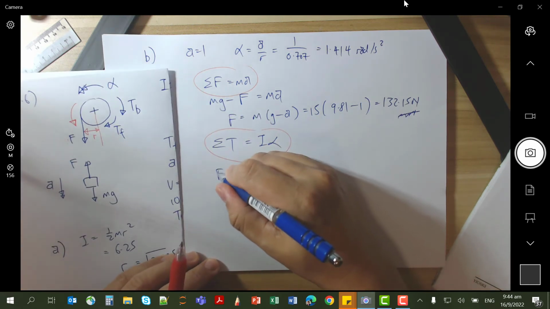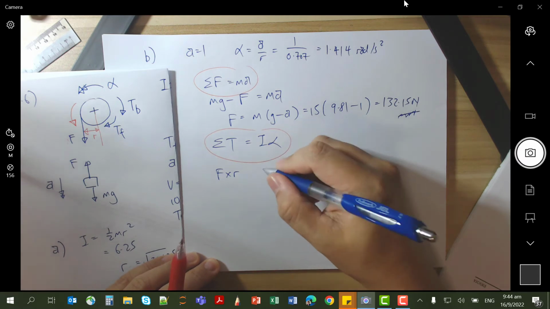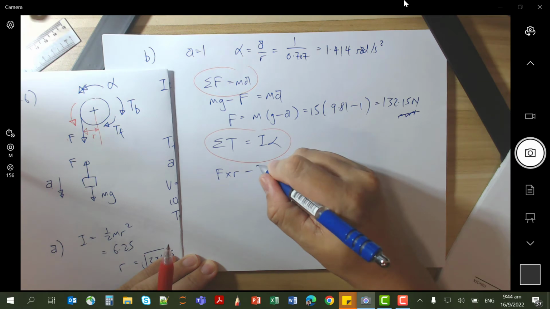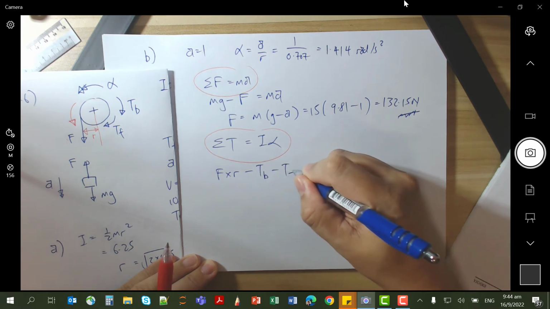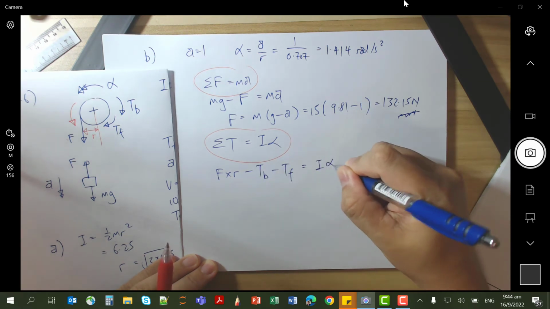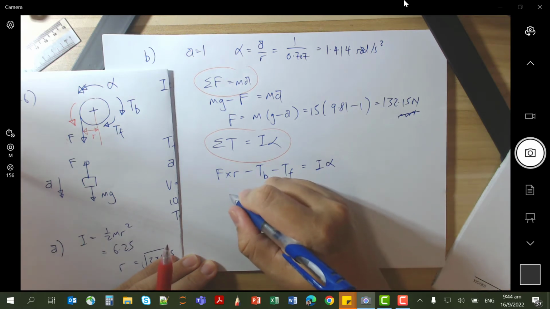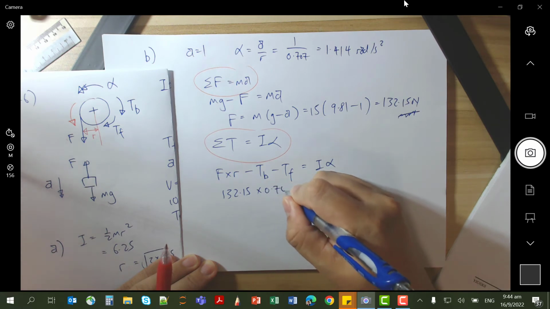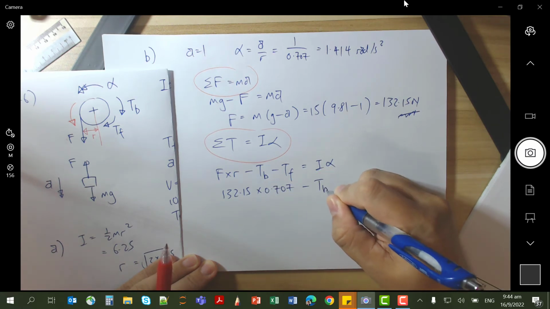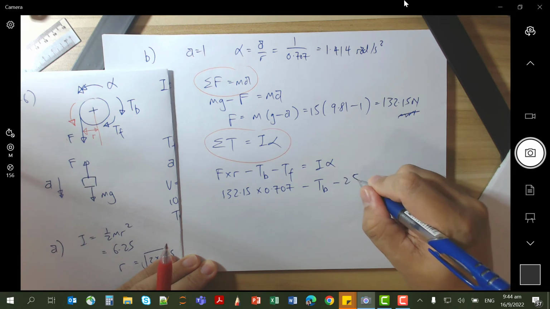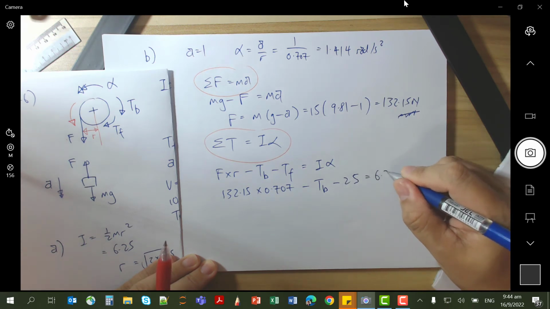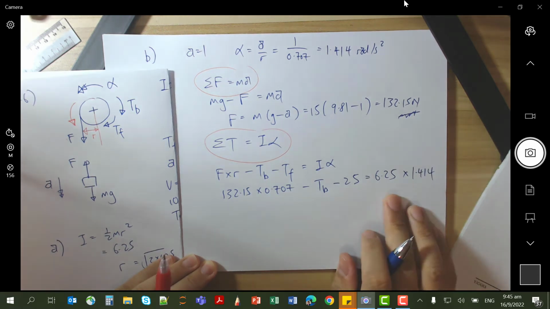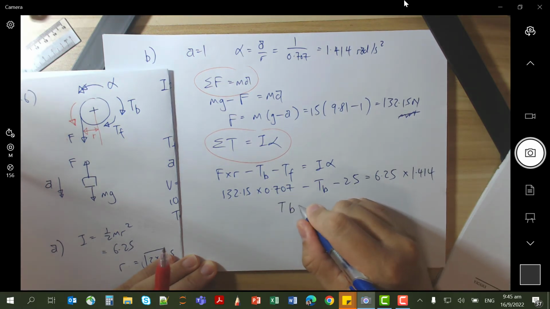So we will have F times R is positive. But the other two are opposing the motion, so it should be minus, equals to I alpha. We have tension, we have radius, we need to find braking torque, and we have friction. We have I and we have alpha. So here you can find the braking torque.